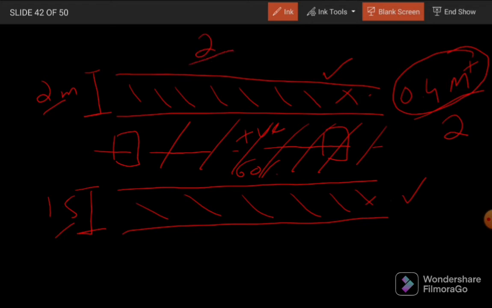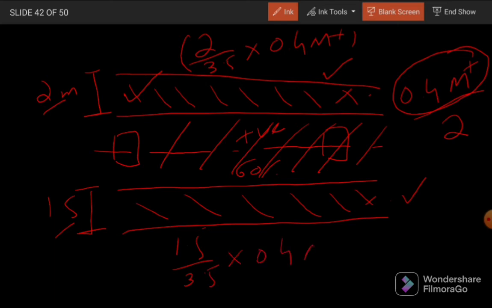So 2 by 3.5 times 0.4 M positive will be resisted by this middle strip, and for this middle strip it will be 1.5 divided by 3.5 multiplied by 0.4 times M positive. So we have to consider their proportion based on their width on each side, for each half middle strip.